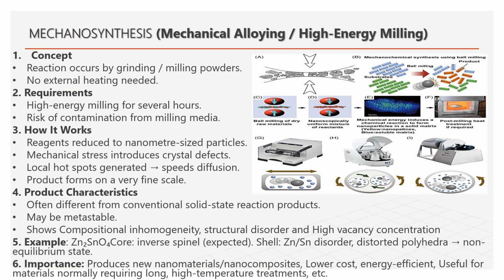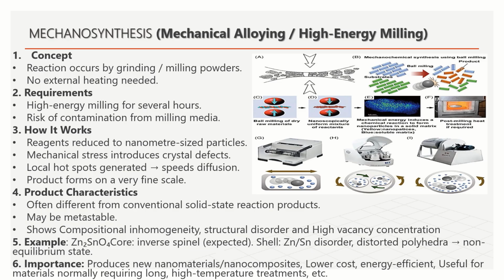Mechanosynthesis is also cheap, energy efficient, and able to create materials that normally require very high temperature for long periods. So overall, mechanochemistry is becoming a very important technique for making new nanomaterials, nanocomposites, and even bulk materials that would otherwise be difficult or expensive to prepare by conventional methods.